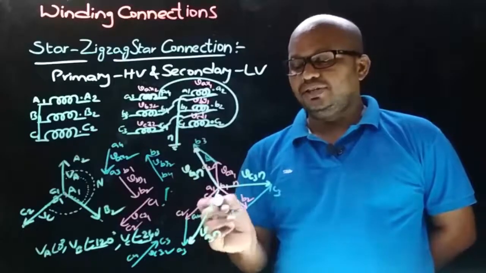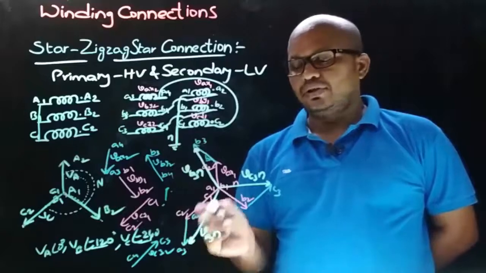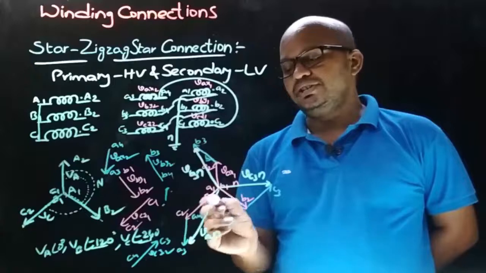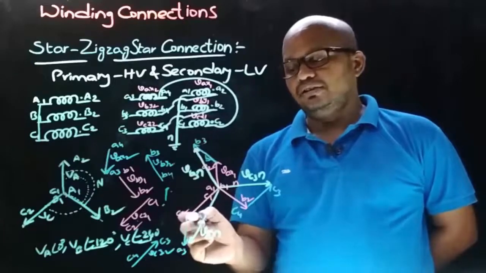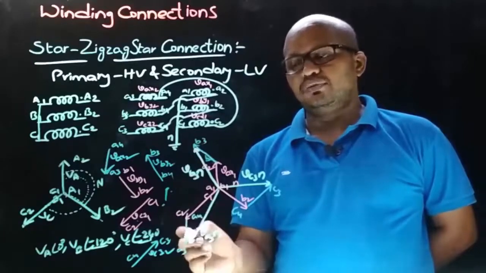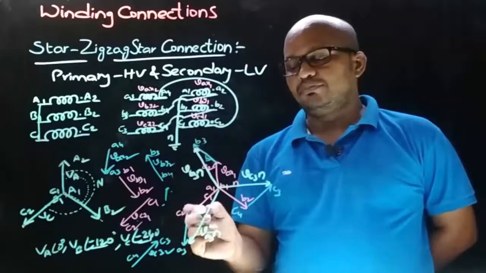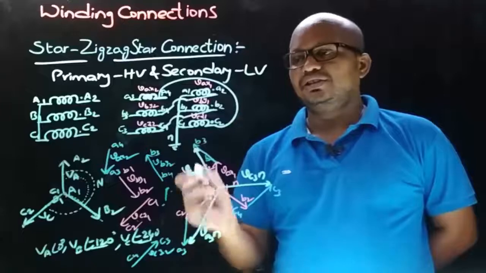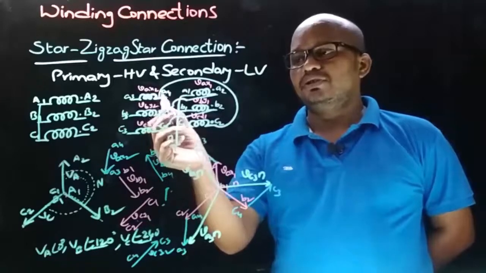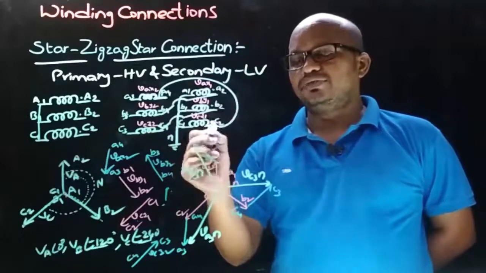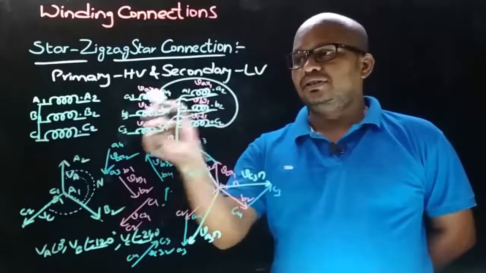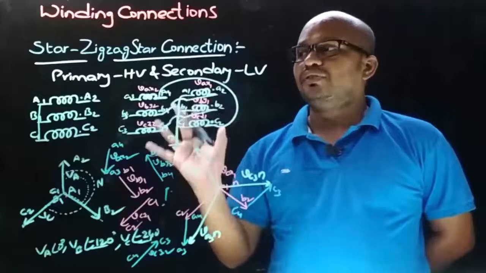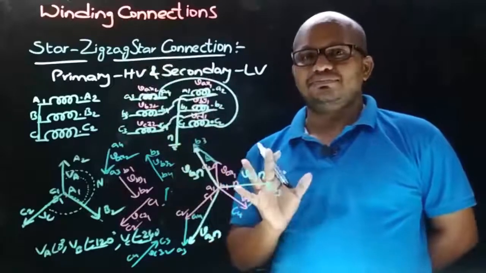So if you consider VA3N phase voltage, this is the vector sum of the voltage induced in C1 and C2 and the voltage induced in A3 and A4, and these two windings are offset by 120 degrees, and these two are connected in phase opposition because dot end of A phase and dot end of C phase are joined here in A3N. So this is the second possible connection of zigzag star connection.